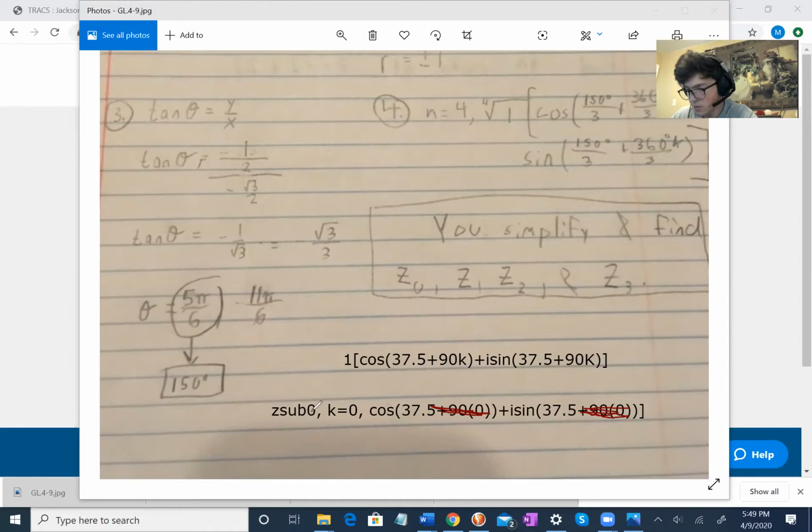That just seems so weird. I guess it's not actually, because that's a little bit bigger than 30, which is root 3 over 2, which is a fraction. Okay, so 37.5, take the cosine of it, you're going to get about 0.79.